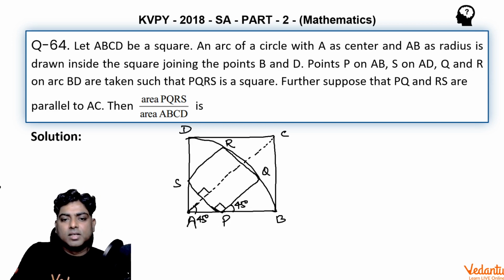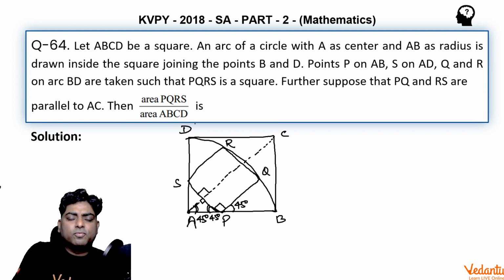So this will also be 45 degrees, and this is also 45 degrees. Clear? From here also, 45 plus 90 is 135, 180 minus that, so finally these two angles must be equal.